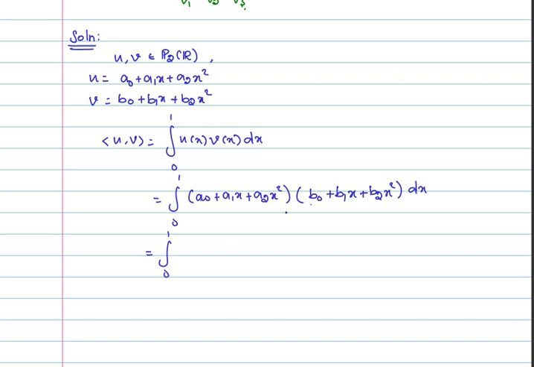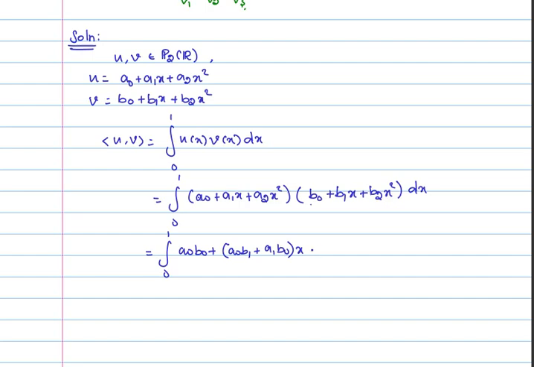So a0 times b0, plus the x coefficients are a0 times b1 plus a1 times b0 times x. What about the x square coefficients?